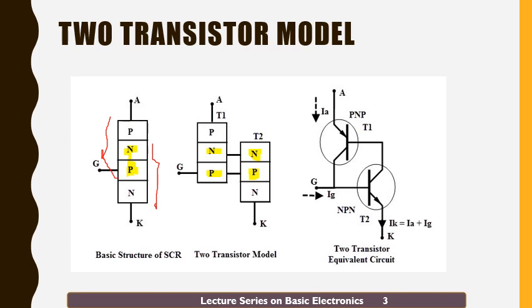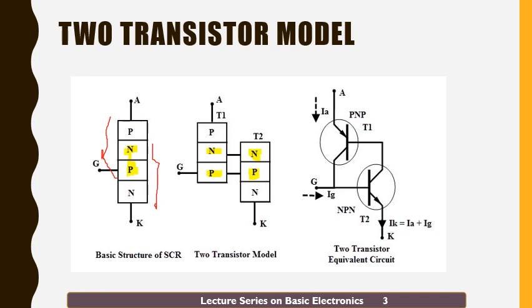The N layer is the base of this transistor 1 and the collector of the transistor 2. So the base and the collector of transistor 1 and transistor 2 will be shorted. So what happens is, this is the gate current what is going into the base of the transistor, and the current anode will be IA. So this is anode current.